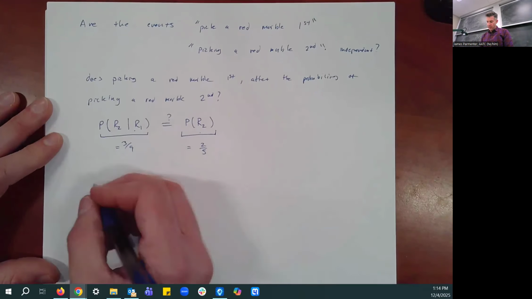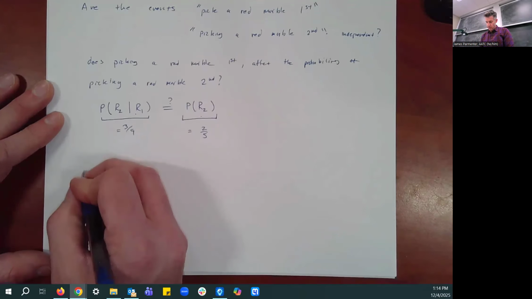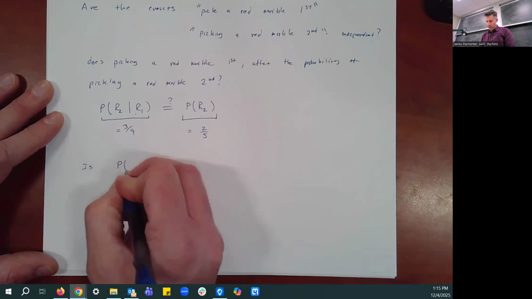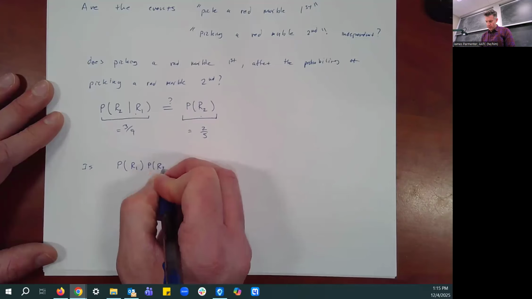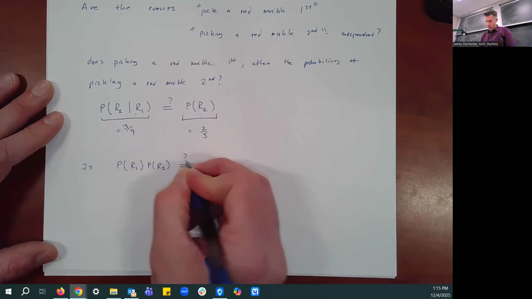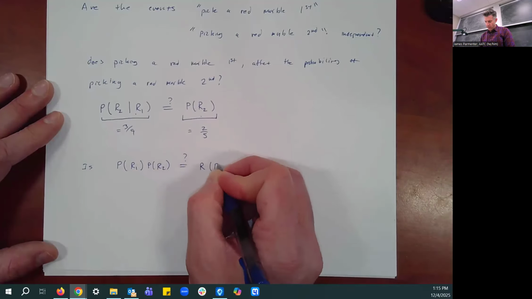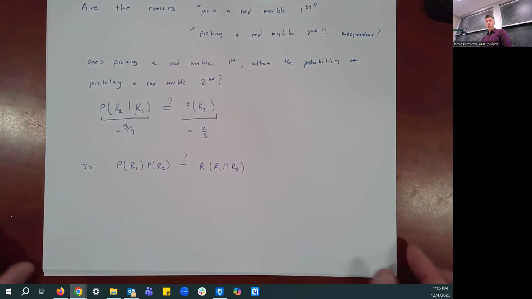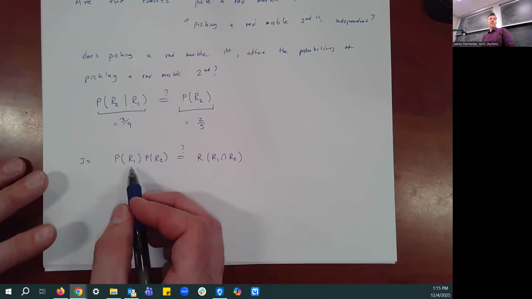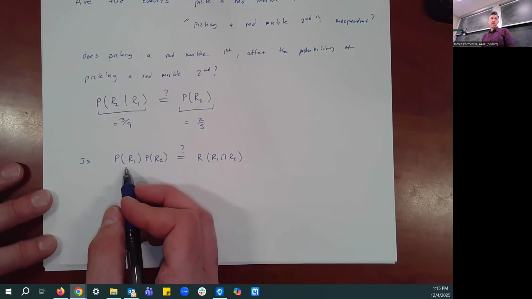But lots of people prefer to use this version. You could also have asked, is the probability of picking a red marble first times the probability of picking a red marble second equal to the probability of picking a red marble first and a red marble second? Well, the probability of picking a red marble first we know is 4 out of 10.